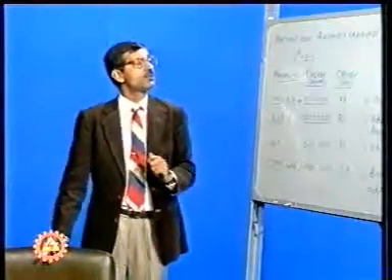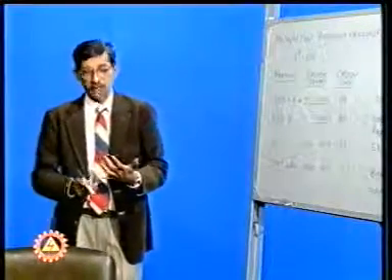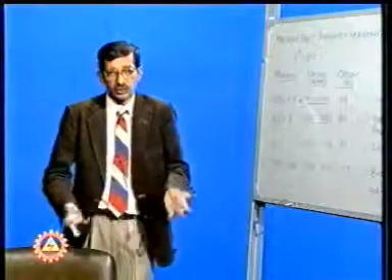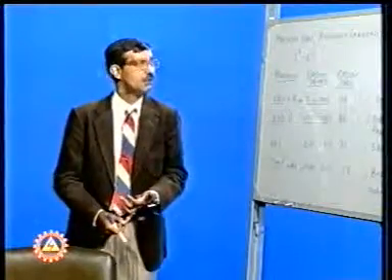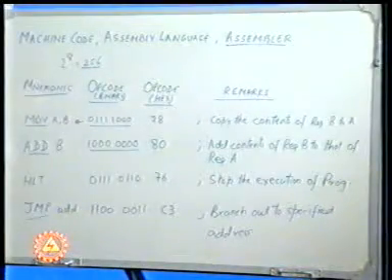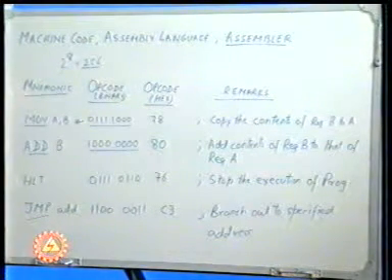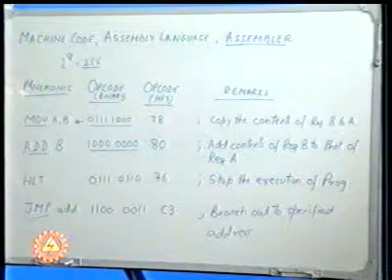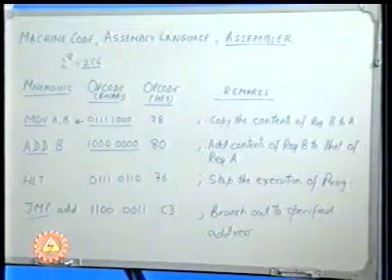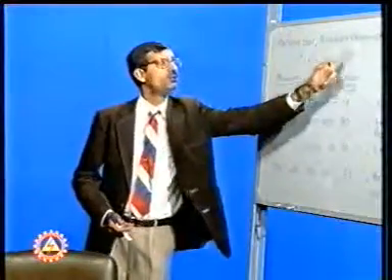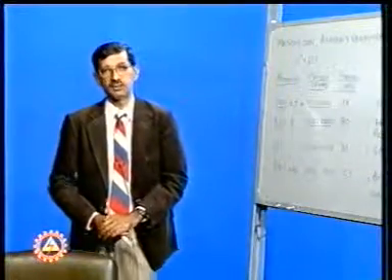At this stage, we are aware of the machine code, the assembly language, and the assembler. Before I proceed further, I would like to discuss the formats for writing the instructions that form part of assembly language.